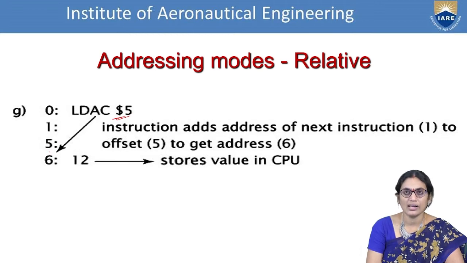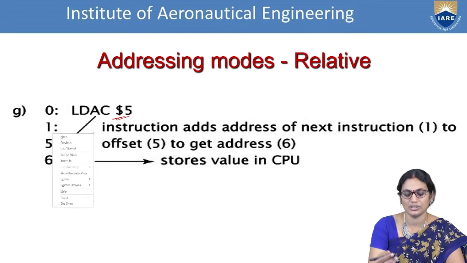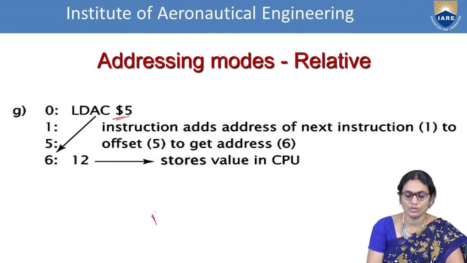Now this 5 is added to the current value, and the next instruction will be given with the 6. That means one instruction is passed over here and the next instruction is being fetched for execution. So 1 is executed plus address 5 is added, which equals 6. Now 6 will be my original value location, or the original address of the data.